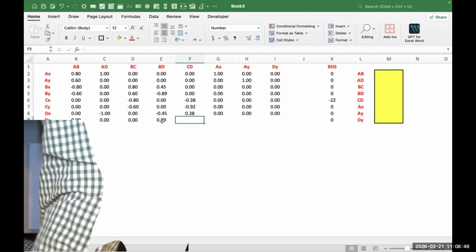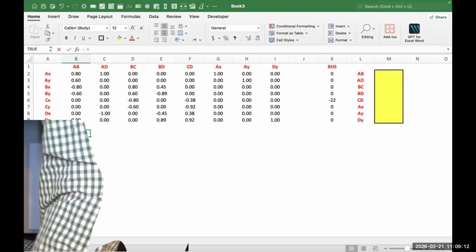Negative 89, positive 89. They add up to 0. CD vertically is 12, 13. So equals 12 over 13. Again, negative 92, positive 92. Negative 38, positive 38. That should be your way of checking that for the reactions, the sum should be 1.